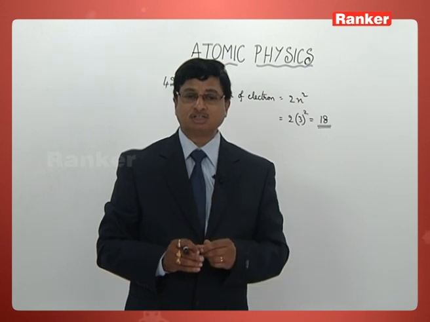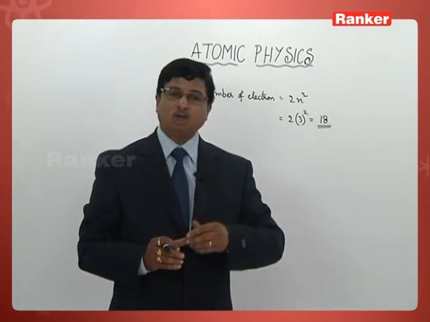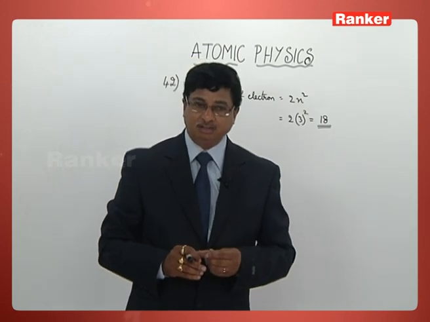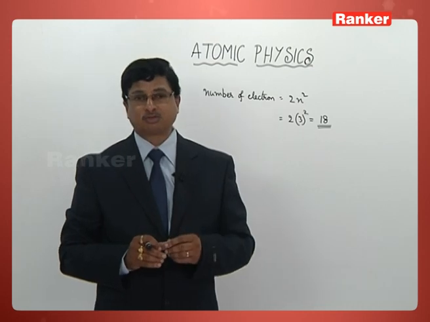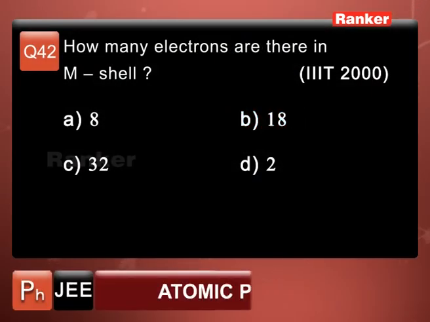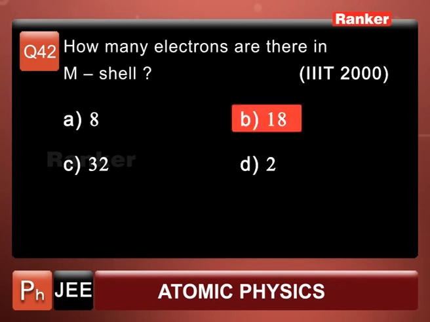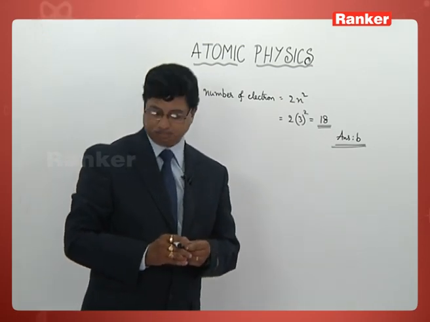The correct option is 18, and the options were 8, 18, 32 and 2. So which is the correct option here? It should be the second option as far as problem 42 is concerned. That is the answer for this problem.